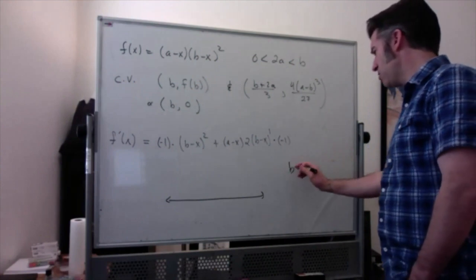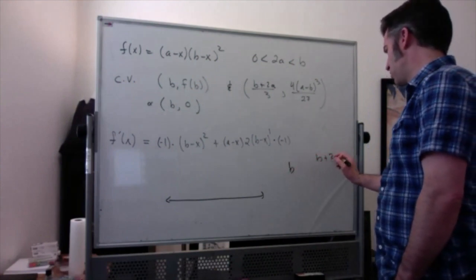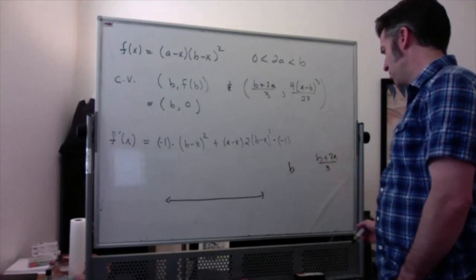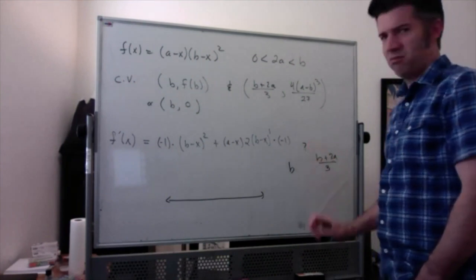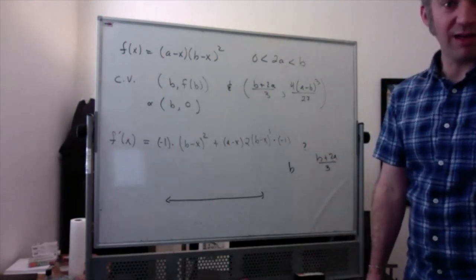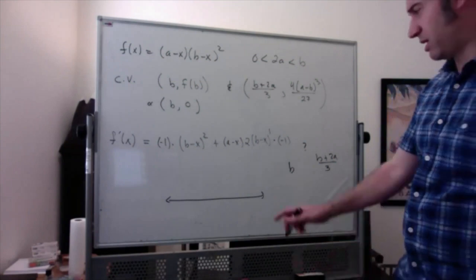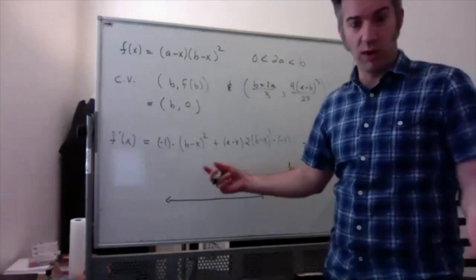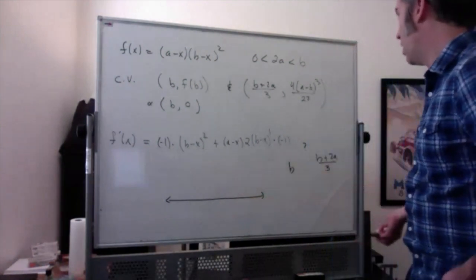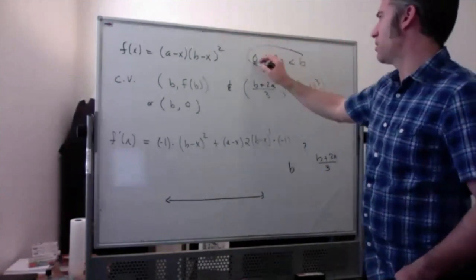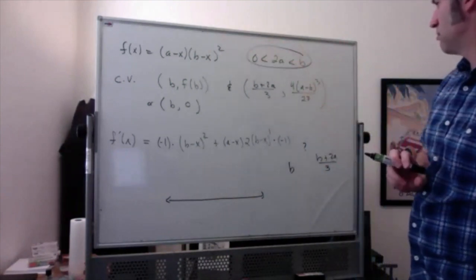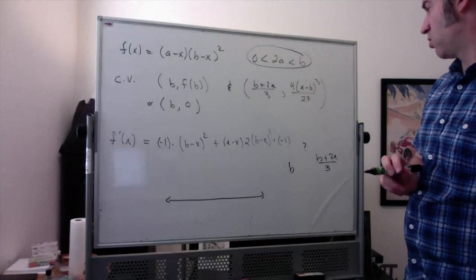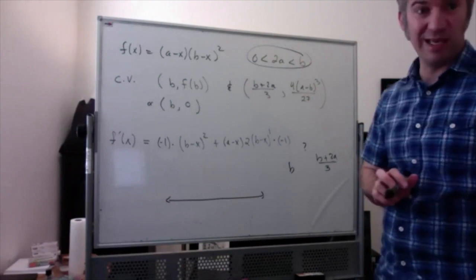Is b bigger or is b plus 2a over 3 bigger? That's kind of hard to answer, right? Because I need to put them on the number line to see where it's increasing, where it's decreasing, etc. Well, they give us that b is bigger than 2a, or that 2a is less than b.